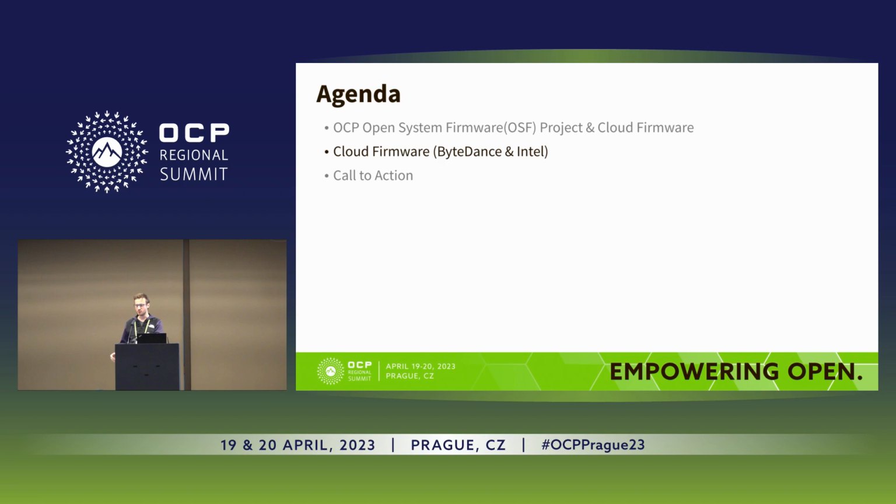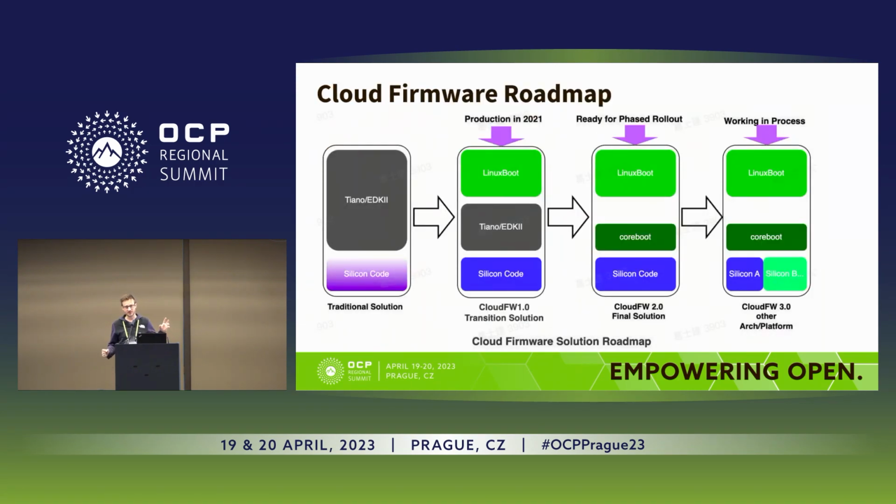Now we move to the actual execution and implementation at ByteDance. ByteDance started their move from the traditional solution they had, a closed source UEFI based solution, around 2020 and deployed the first version of cloud firmware in 2021, where they switched from a closed source stack to an open source stack, mainly using an open source implementation, EDK2.